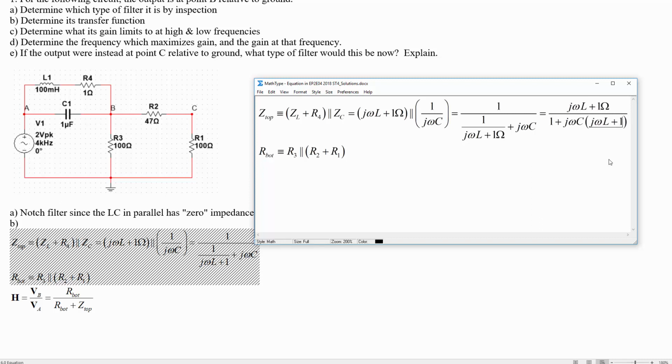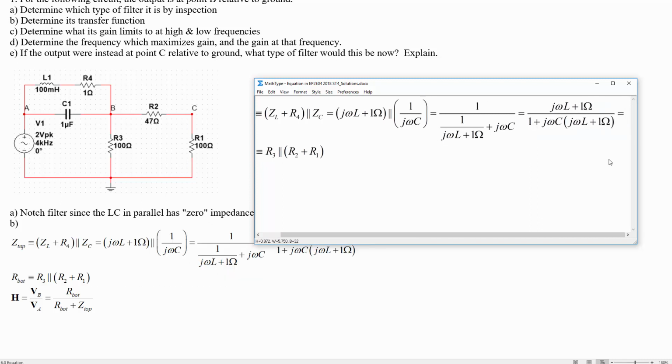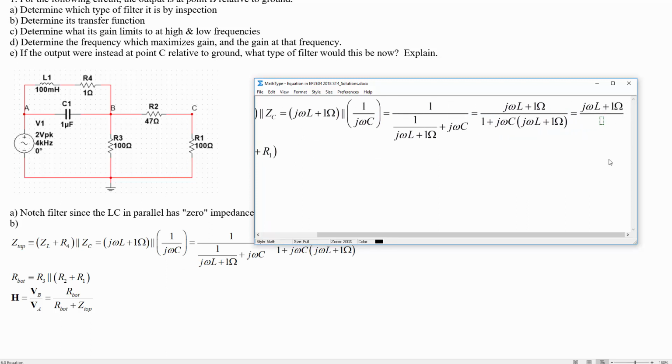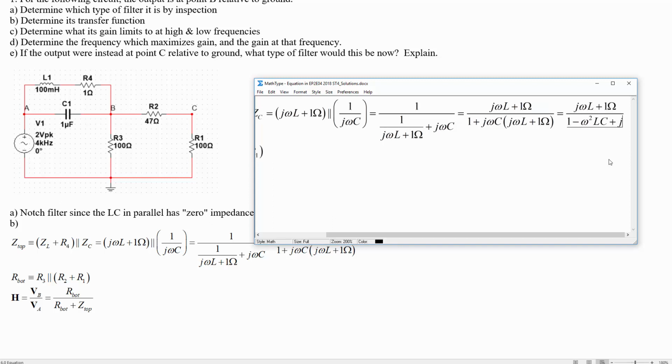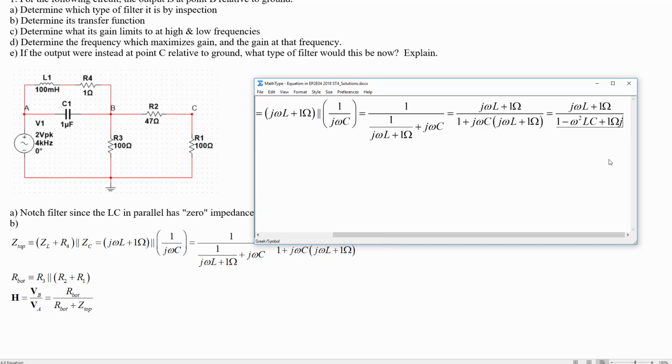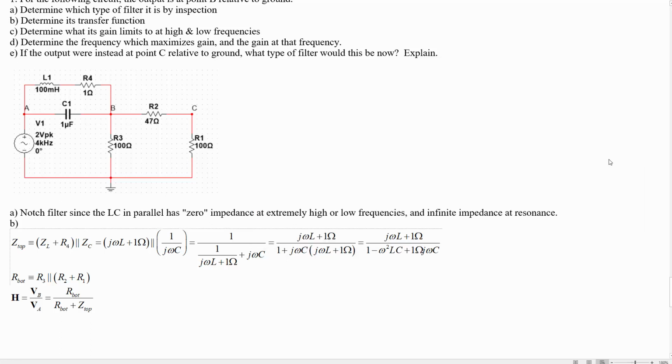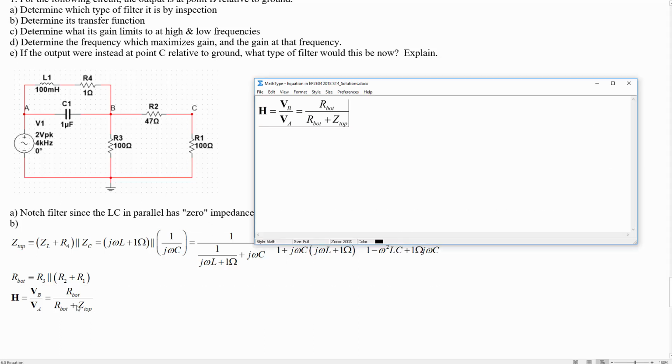J omega L plus 1 ohm, and that's going to lead us to J omega L plus 1 ohm over 1 plus, and combining those two things, we're going to have a J squared, so that's minus omega squared LC, and then we're left with a plus 1 ohm J omega C. Yeah, that's good. So we'll just write that like that, and then we'll get that ready to substitute in here.